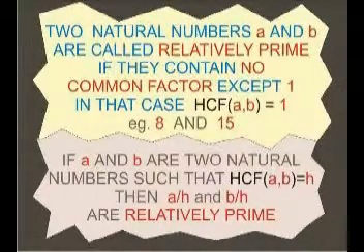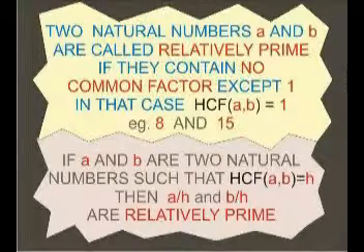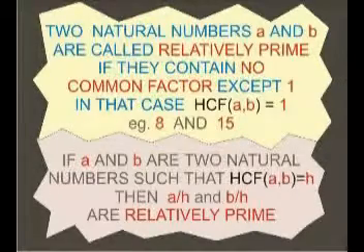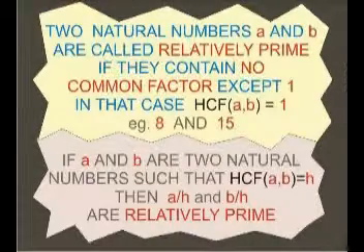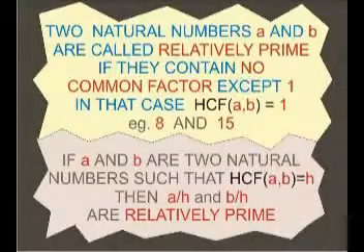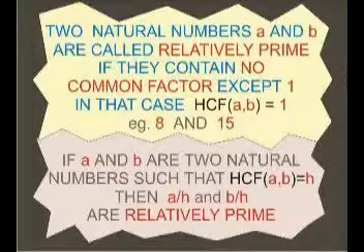For example, 8 and 15. If a and b are two natural numbers such that HCF of a, b equals h, then a upon h and b upon h are relatively prime.